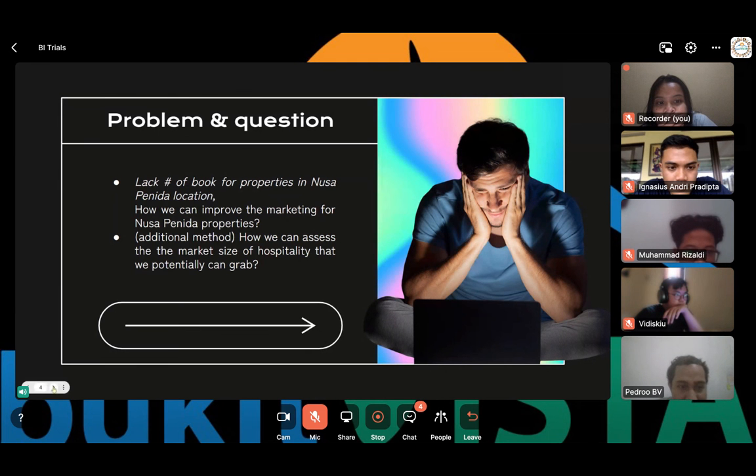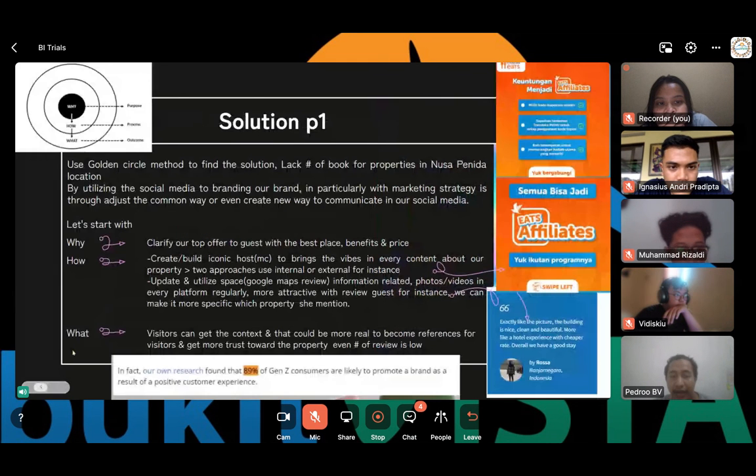So let's go. First one is the solution for problem one. I use the golden circle method to define the solution, with the problem being the lack of bookings for properties in Nusa Penida location.